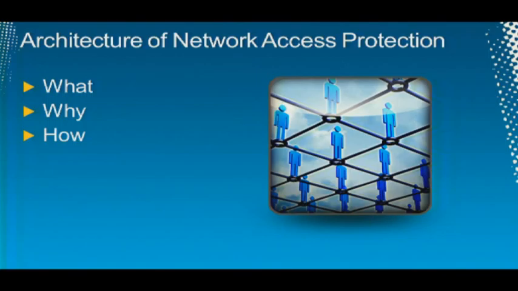They may be infected with Trojans. Machines that have the latest virus signatures can clean themselves, so if you don't have the latest virus signatures, you may be impacting our environment. And also, from a compliance perspective, if you need all your machines to be up to date from a Windows update service specs perspective, NAP is one way to enforce that compliance.